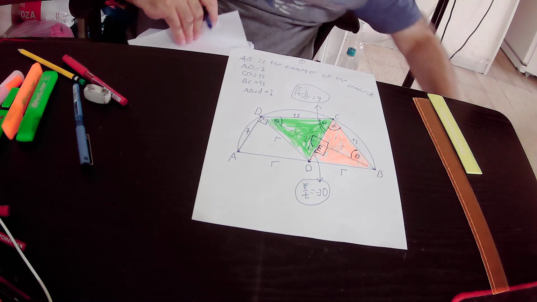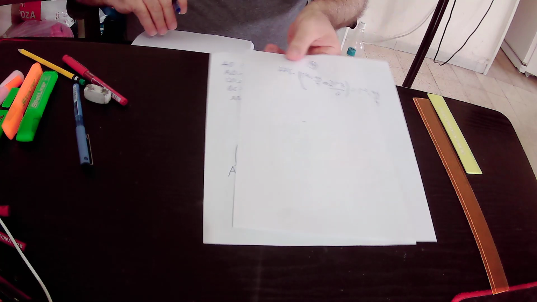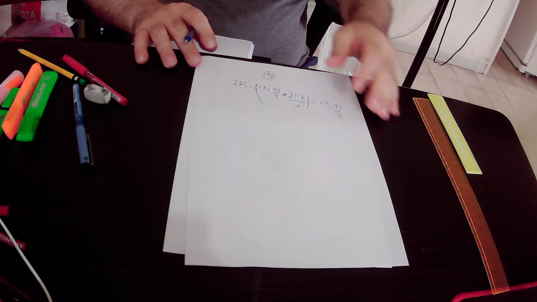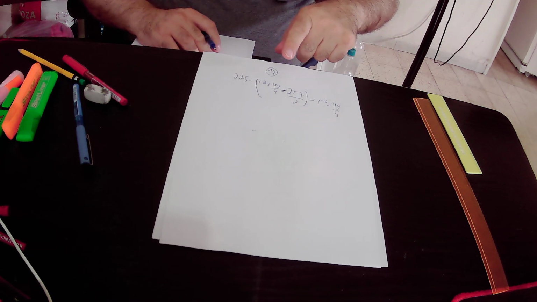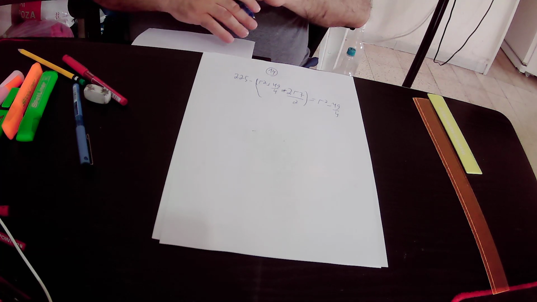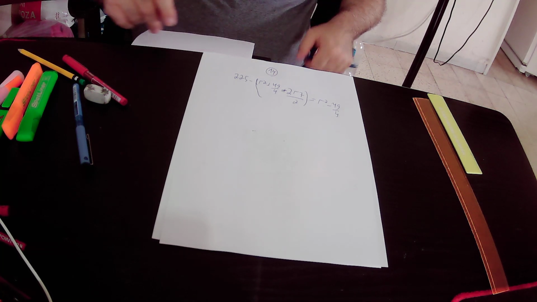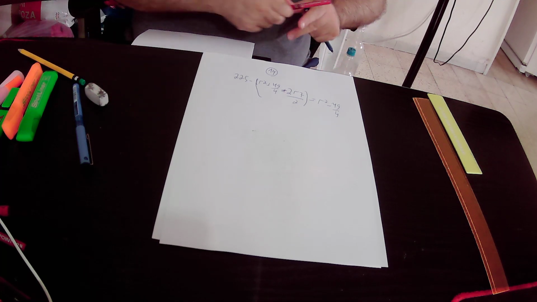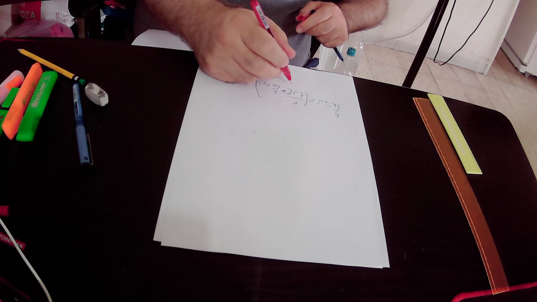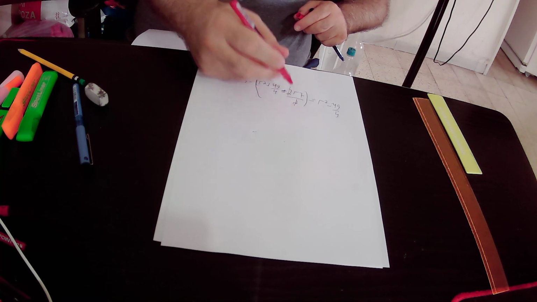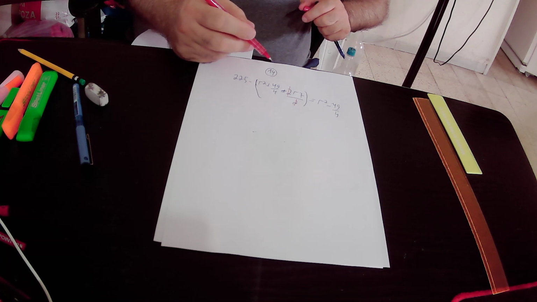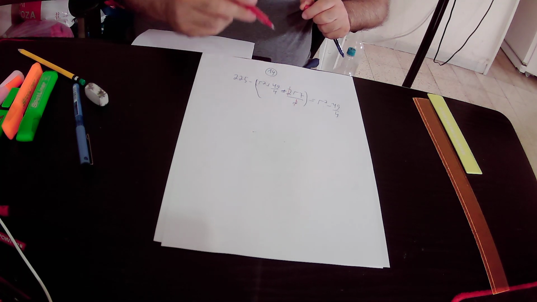So in total we got that 225 minus R square plus 49 over 4 minus 2 times R times 7 over 2. Here 2 over 2 is 1, so 2 is cancelled and we are left with minus 7R.